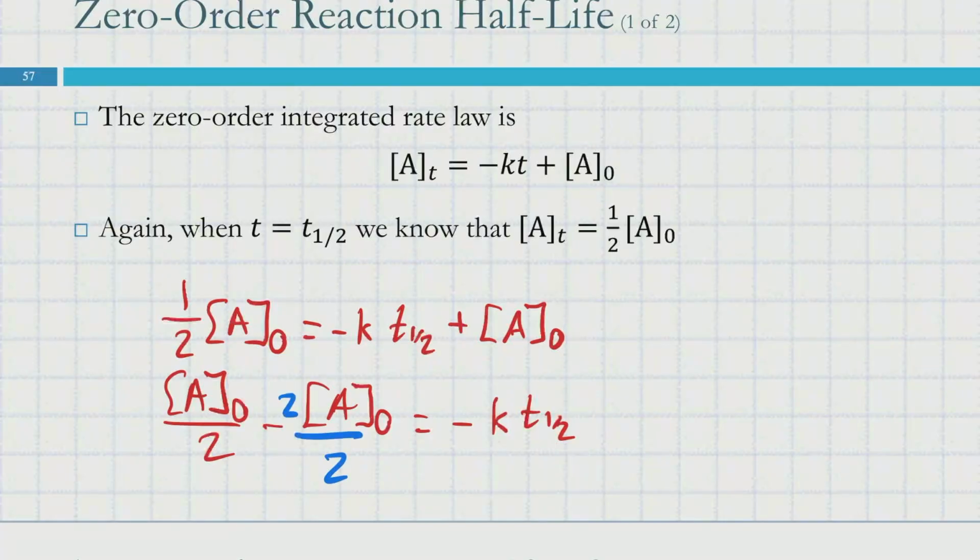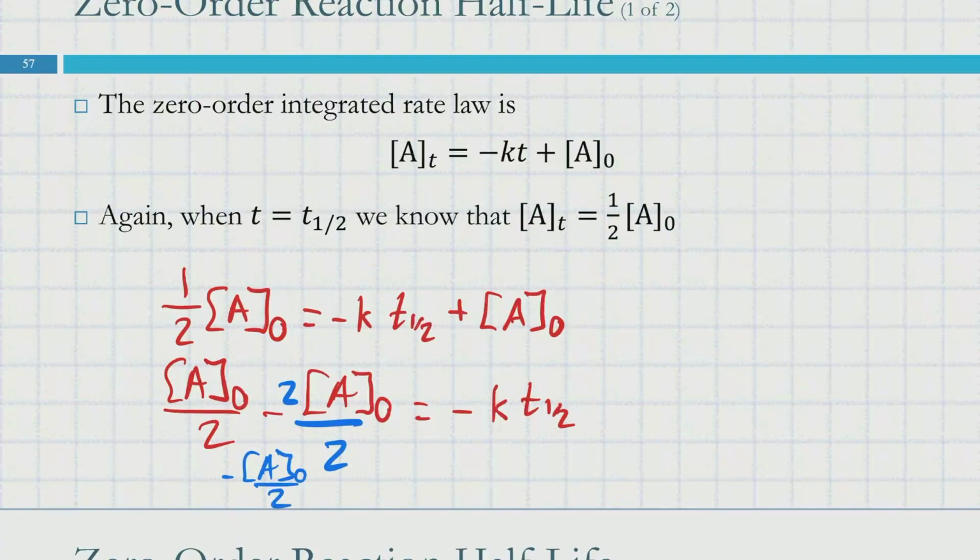We can give those a common denominator so that we can subtract them. So this left side turns into minus concentration of A naught over 2 equals minus k T1/2.